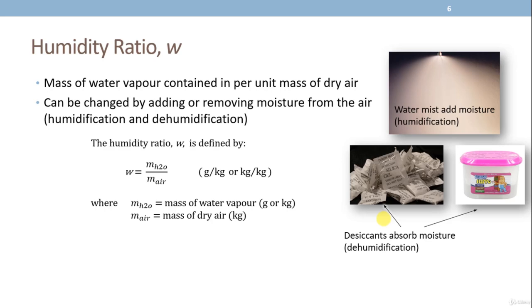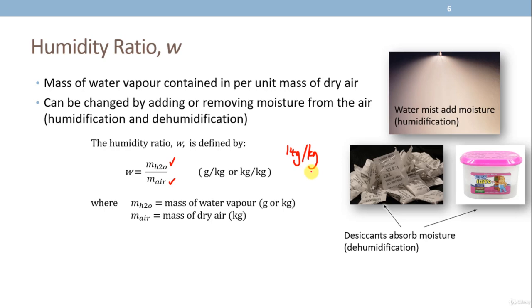It means the amount of water vapor inside 1 kg of dry air. For example, an air-conditioned space is around maybe 14 grams per kg. That means in 1 kg of dry air in an air-conditioned space, usually the amount of water vapor is around 14 grams.